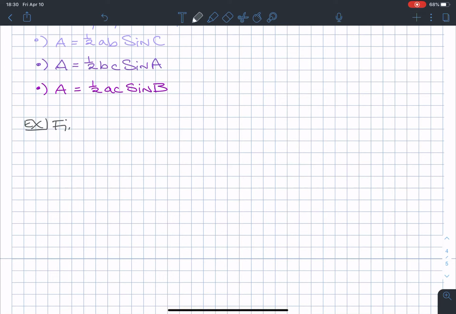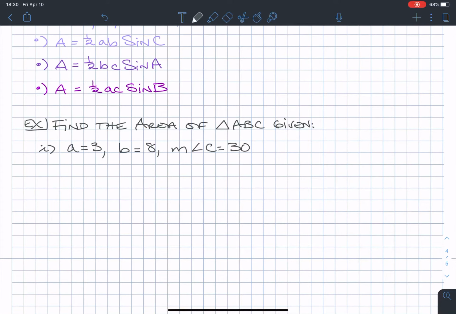So find the area of triangles ABC given. So number 1, let's say we have that little a has measure 3, little b has measure 8, and the measure of angle C is 30 degrees.